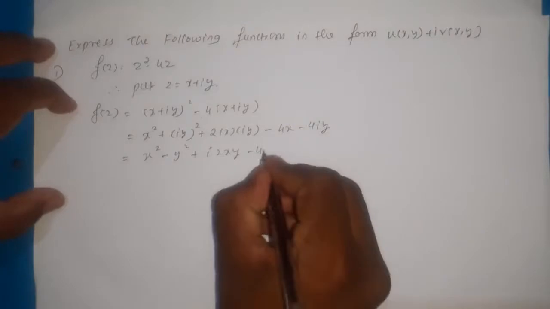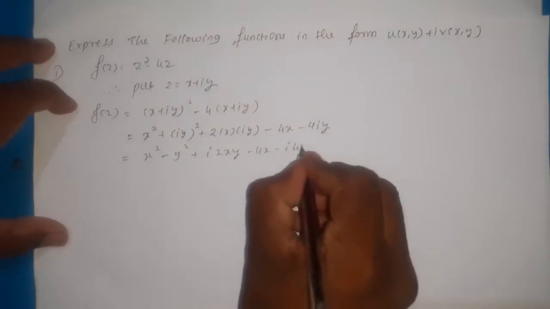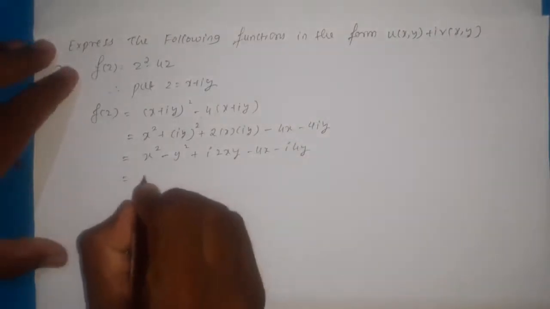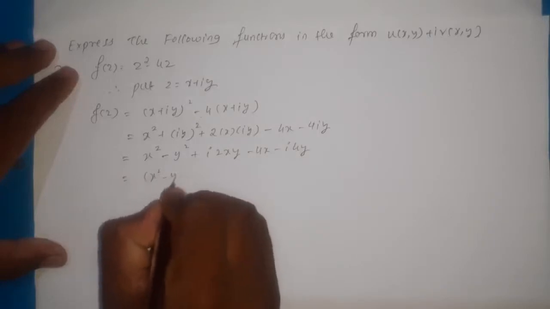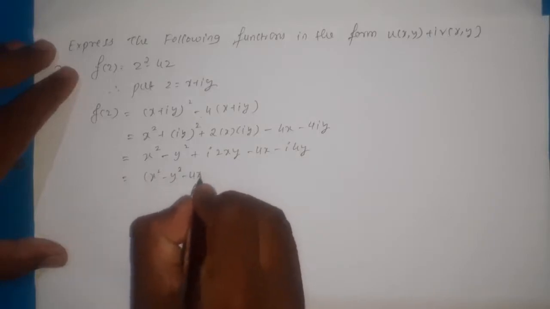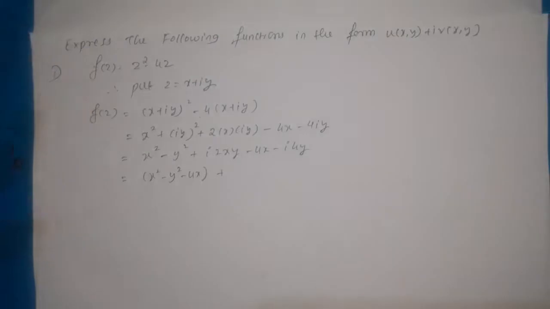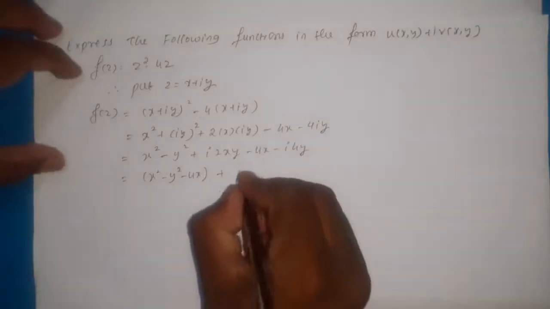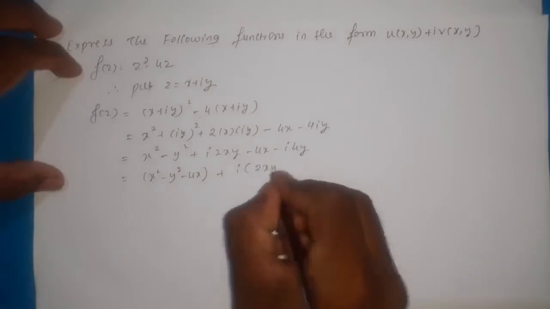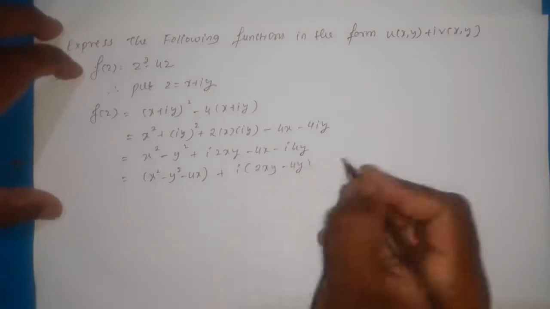minus 4x minus i into 4y. Then it is equal to x square minus y square minus 4x, where we are collecting the terms which are not multiplied by i on one side, and the terms which are multiplied by i on the other side, that is i into 2xy minus 4y.